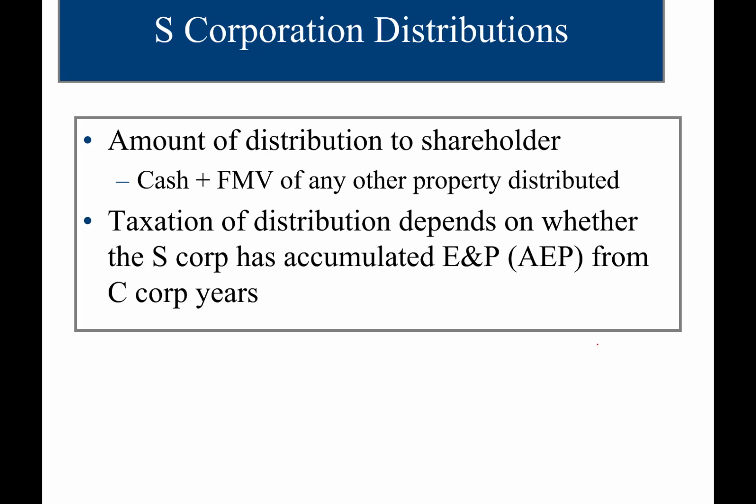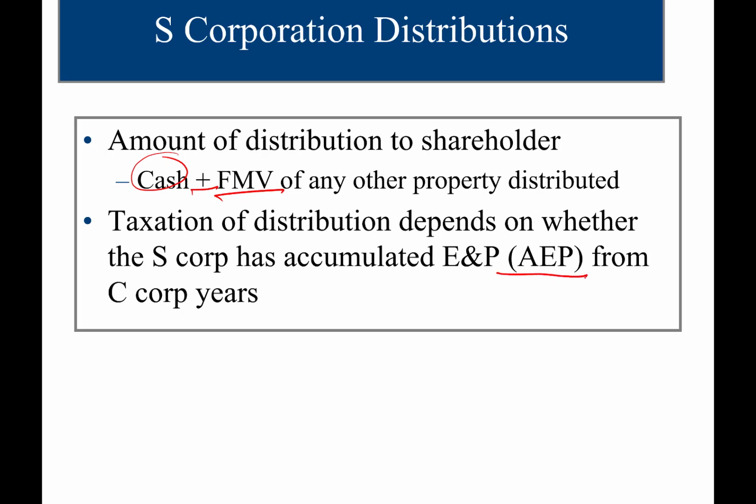Okay, so when we have a distribution, it's obviously any cash plus the fair market value if we had a property distribution. Again, it depends whether or not there have been accumulated earnings and profit from the C Corp years, and we're going to abbreviate that AEP.